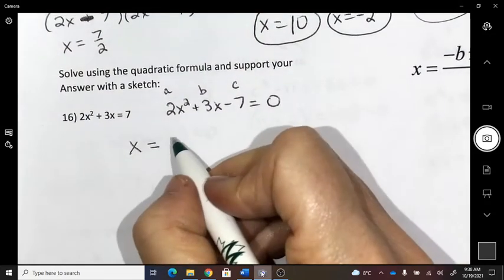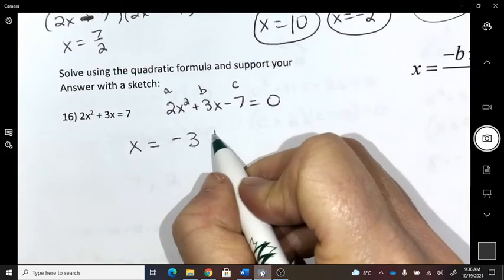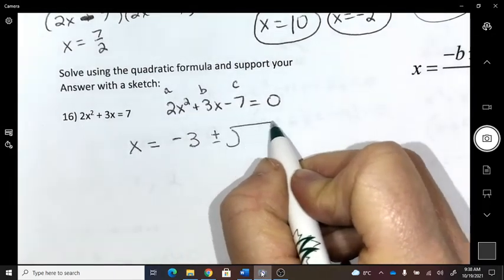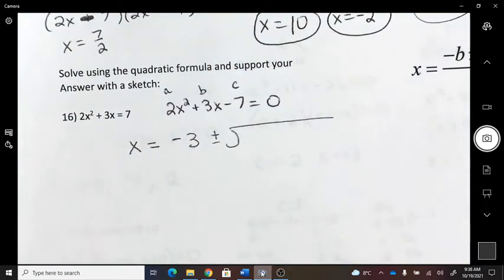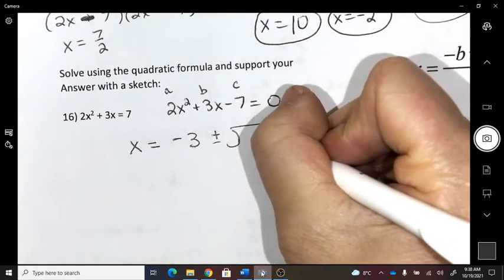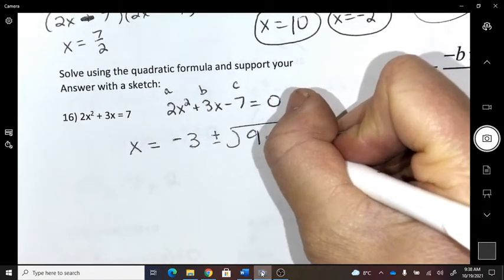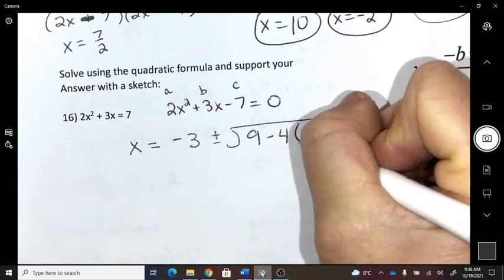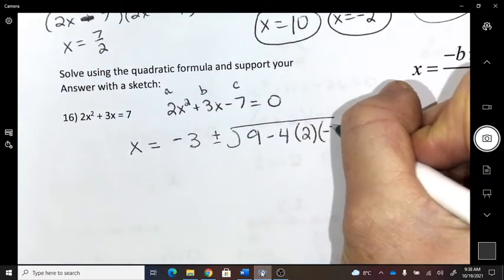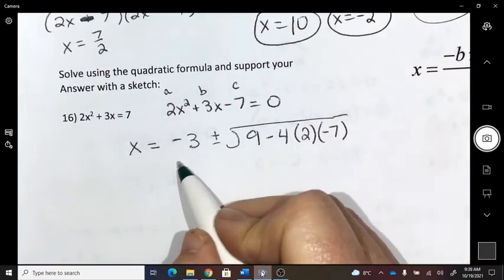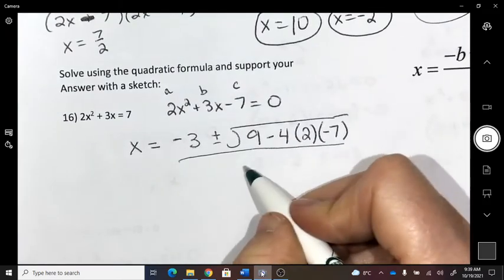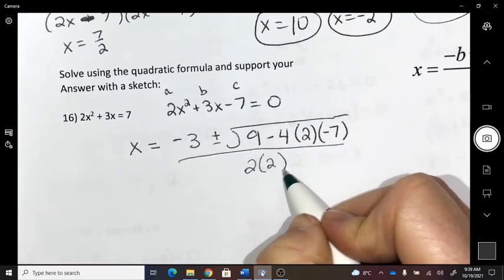Negative B, so -3 plus or minus the square root of b squared. Do that before you write it. What is the b squared? 9 minus 4 times the a number times the c number, all over 2 times the a number.